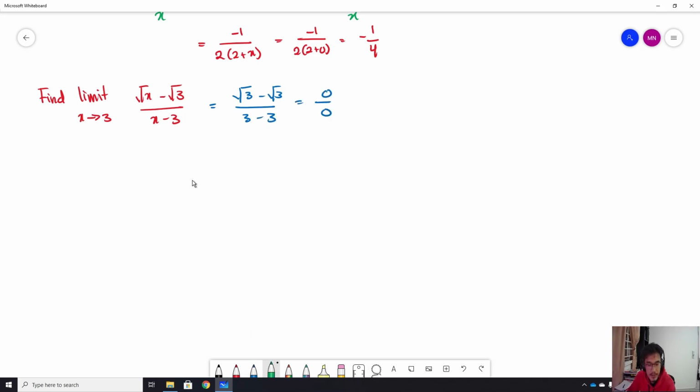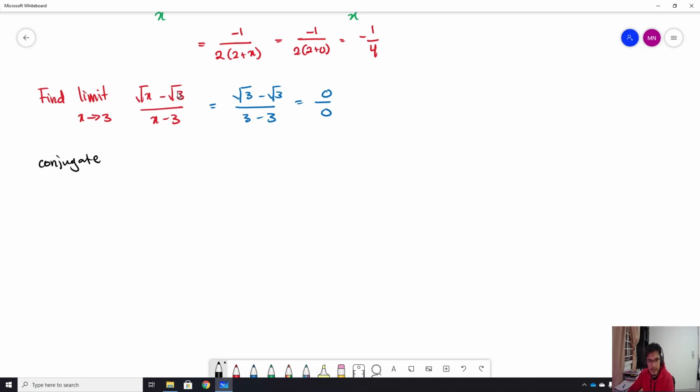So when this cannot be done, we need to use another method in order to find the limit as x approaches 3. The method is called the conjugate, which is the second method that I just told you about before. The conjugate is used when you encounter a fraction and one part of the fraction, either the numerator or the denominator, has a square root in it.